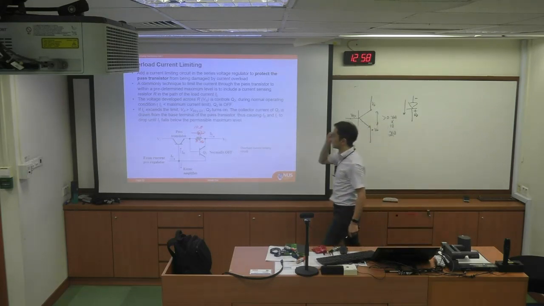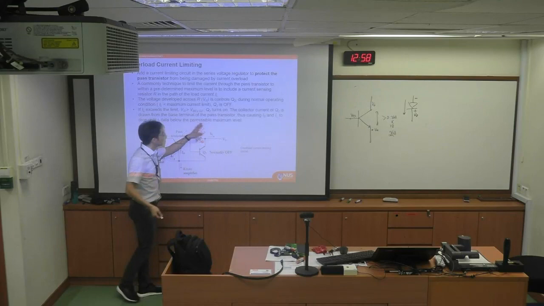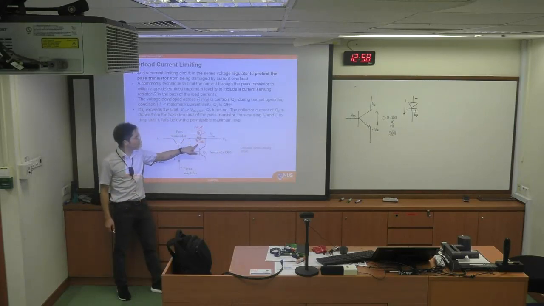In this case, the voltage drop across this resistance at 10 amps will be 0.7 volt. This is how you design it. It means that the series resistance will be 0.07 ohms, very, very low. But once 10 amps is flowing through the 0.07 ohm, then there will be a voltage drop of 0.7. And if you look at Q2, that's the VBE. That turns on the Q2.